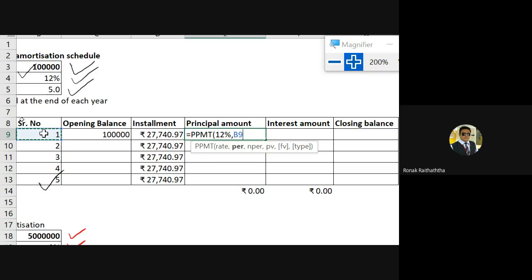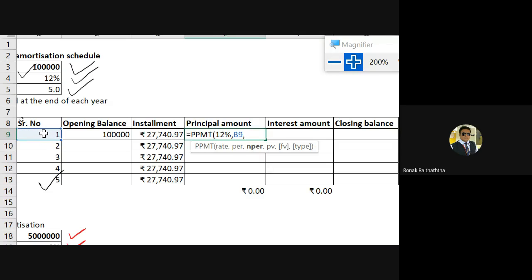I'm selecting the cell where 1 is written. So automatically when I paste the formula, it will take B10 for the second, B11 for the third, B12 for the fourth, and B13 for the fifth. So I'm linking that cell because Excel takes relative referencing automatically, right?